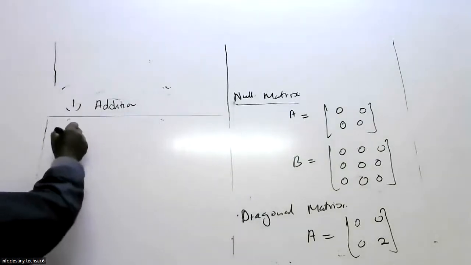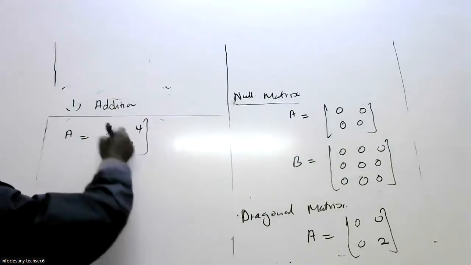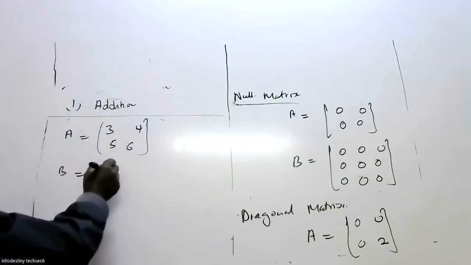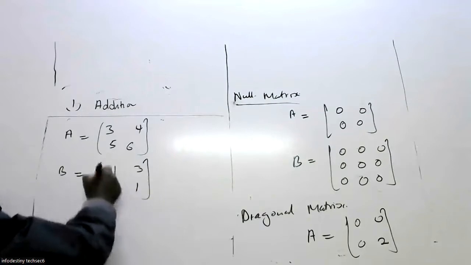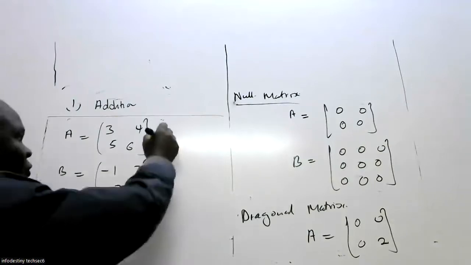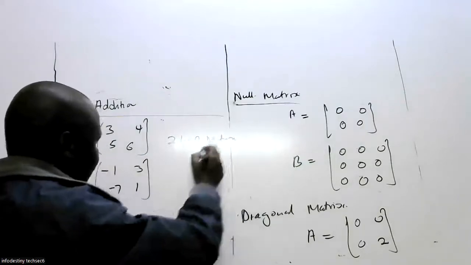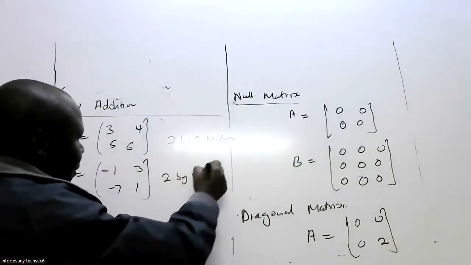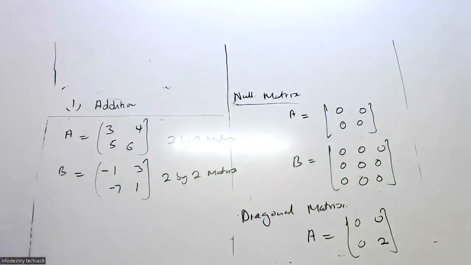Assuming we have matrix A equals 3, 4, 5, 6, and then B equals -1, 3, -7, 1. So we are told to add matrix A plus matrix B. Now, first we must look at their order. This is a 2 by 2 matrix. This one also is a 2 by 2 matrix. Now, they have the same order. This simply means that we can add the two matrices together.